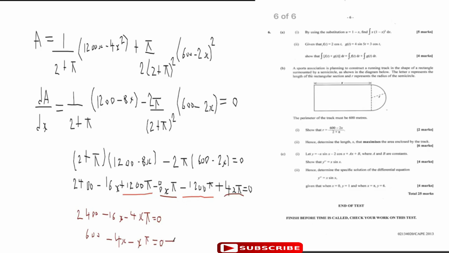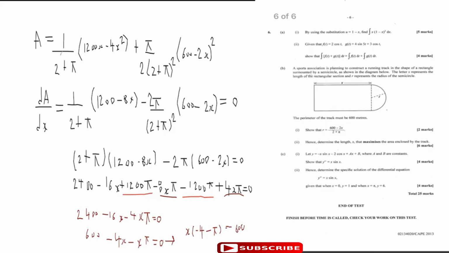So then what does that tell us? That is telling us that we can factor out x right here, and we're going to get minus 4 minus pi, and that is equal to negative 600, because I bring over 600 over here.